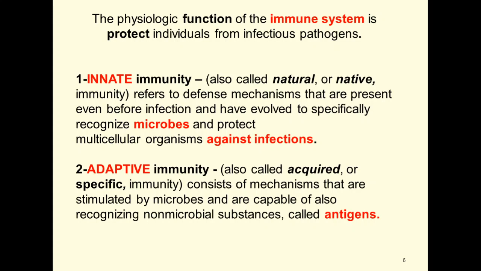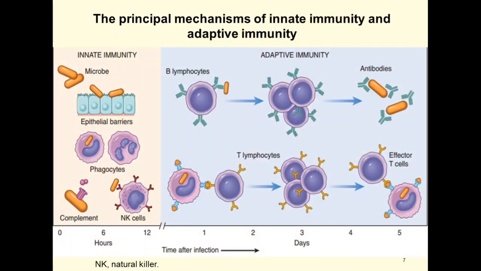This type consists of mechanisms that are stimulated by microbes and are capable of also recognizing non-microbial substances called antigens. So, what is the main difference? Innate immunity takes hours and adaptive immunity takes days and weeks.